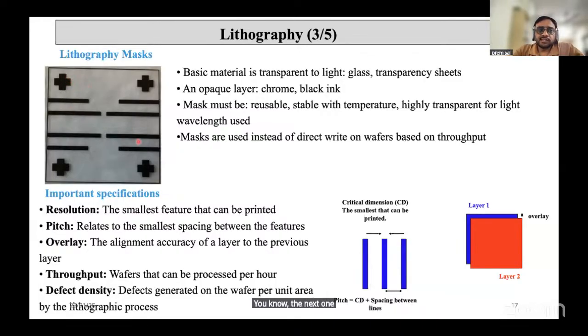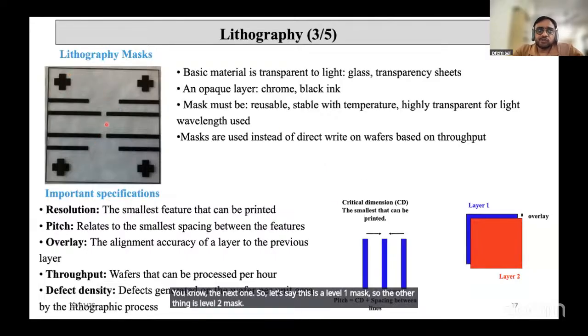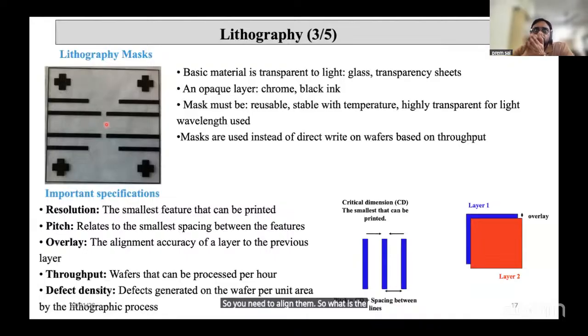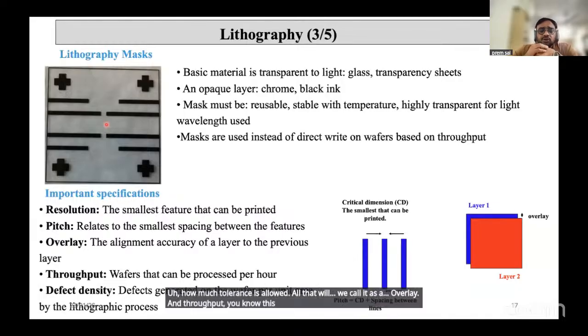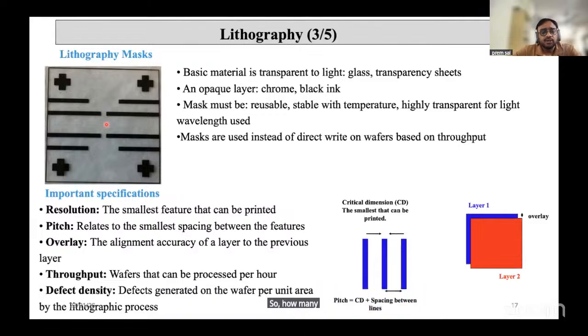Let's say this is a level 1 mask, and another is a level 2 mask. You need to align them. So what is the accuracy between them? How much you can shift, how much tolerance is allowed, all that you call overlay. And throughput, you might have heard, is how many wafers I can print in an hour. The other thing is defect density.